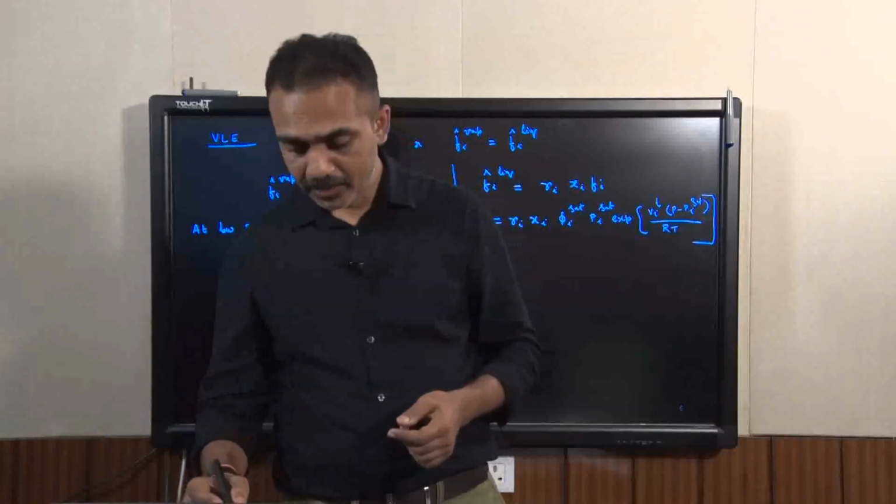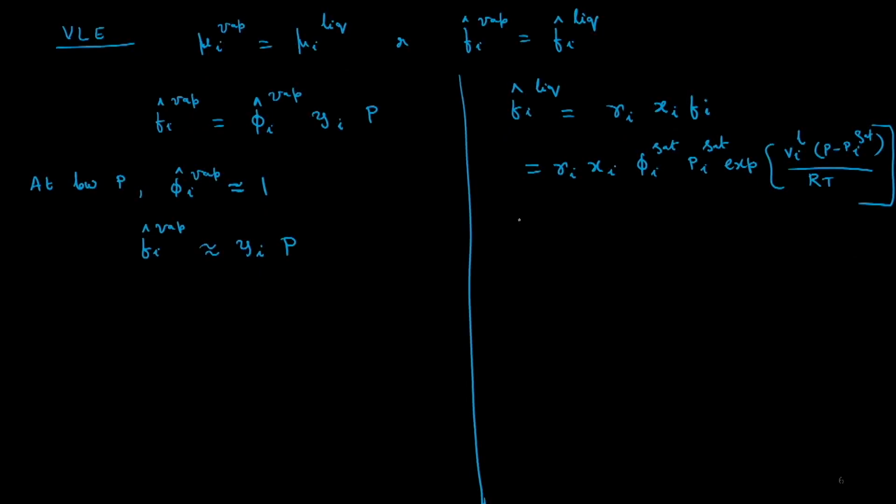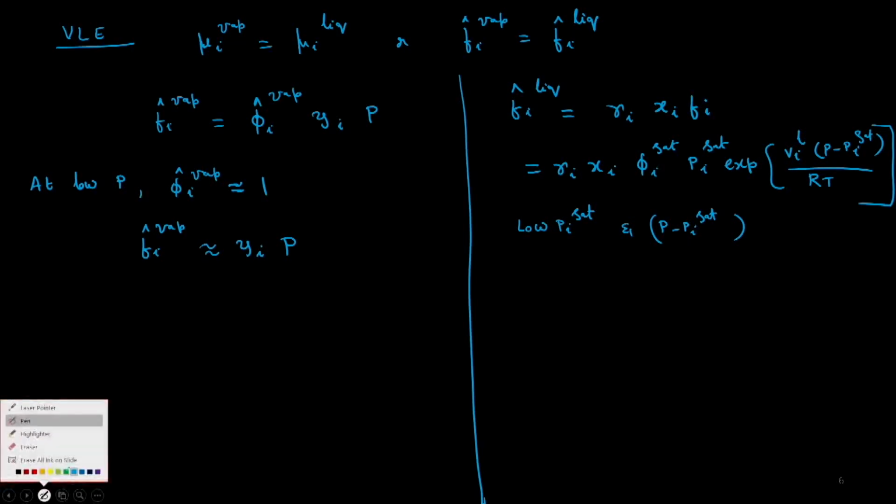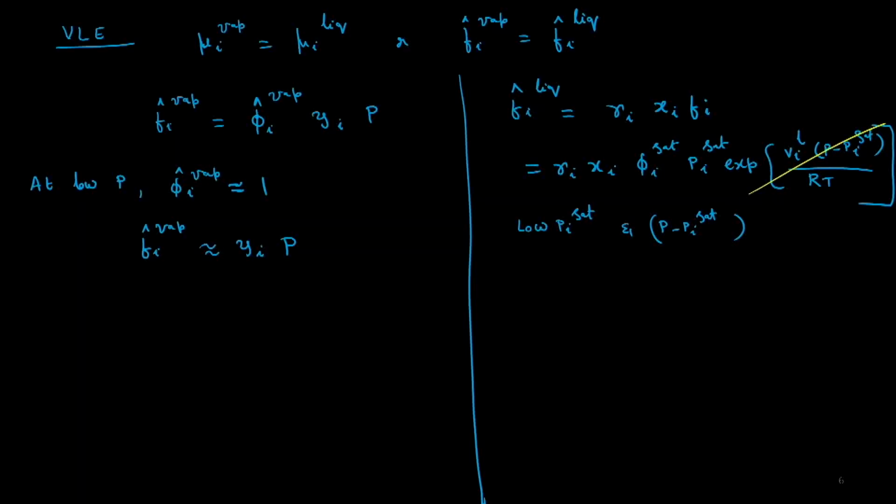And if the saturation pressure also is low, with the difference between P and pi sat also being low, we can safely ignore the Poynting correction factor, and we can also assume that the gas phase itself is going to be ideal, so we can ignore the fugacity coefficient at the saturation condition for the vapor phase because pi sat itself is low.